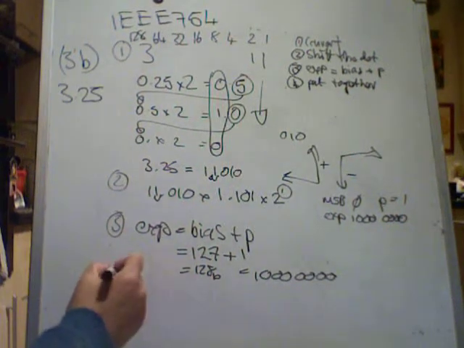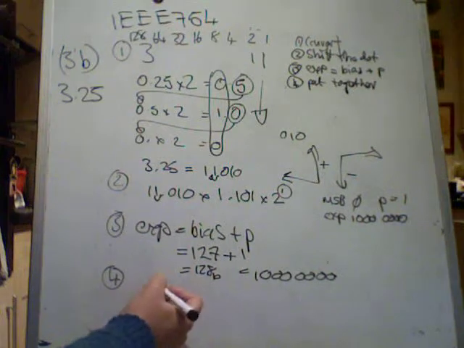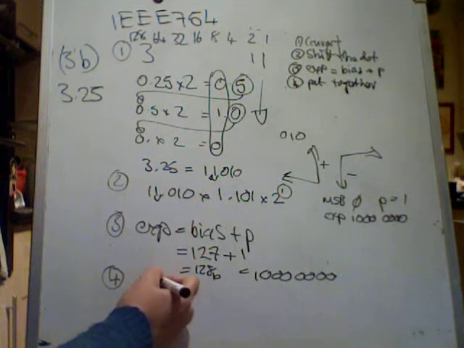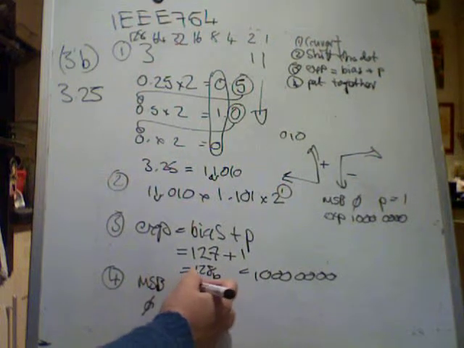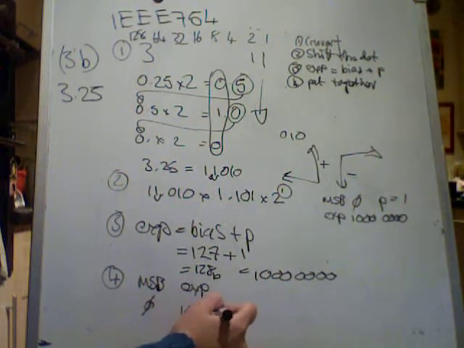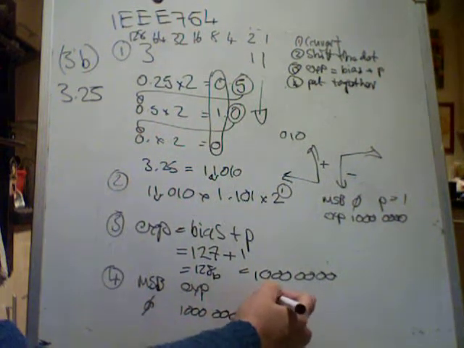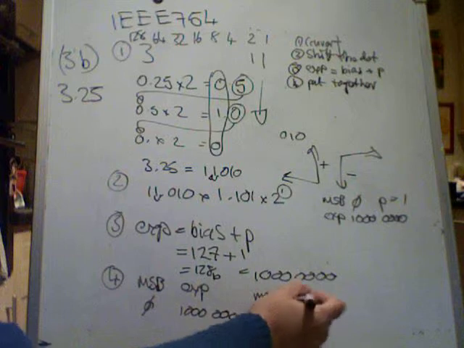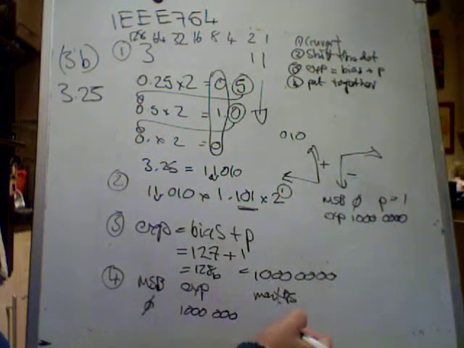Fantastic. Now what we need to do, step 4, is put it all together. So we need our most significant bit, which is 0, our exponent, which is 1, 0, 0, 0, 0, 0, 0, 0, and we need our mantissa, which is the fractional part of our number.